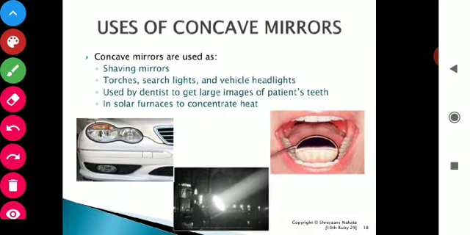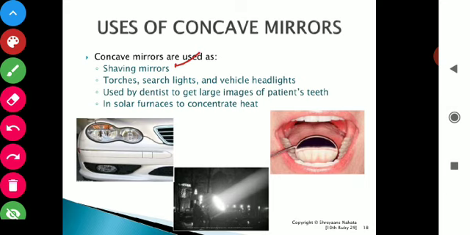Now next we have uses of concave mirror. Basically, the concave mirror gives us a large image, an image whose size is greater than the object. So always remember, its application is to see the enlarged image of the object. The first application is the shaving mirror.